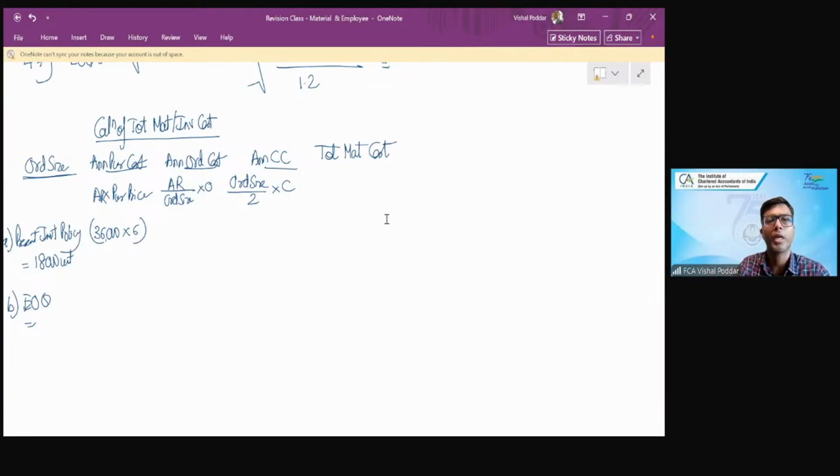Let me go to your chat. You all would have definitely put the answers. Tejaswin is saying EOQ is 1225, which is approx because the exact EOQ is 1224.74. Is it correct? Is it 1225?